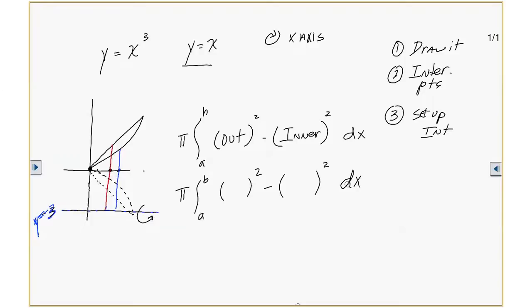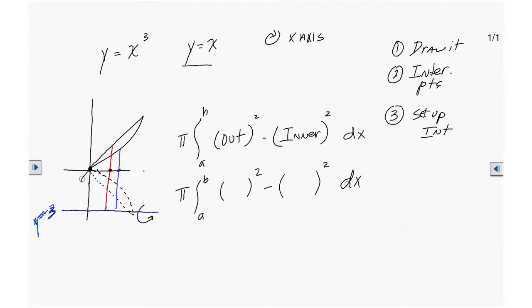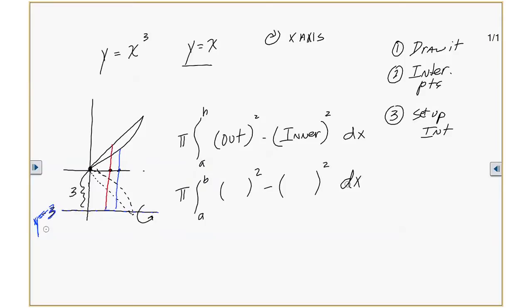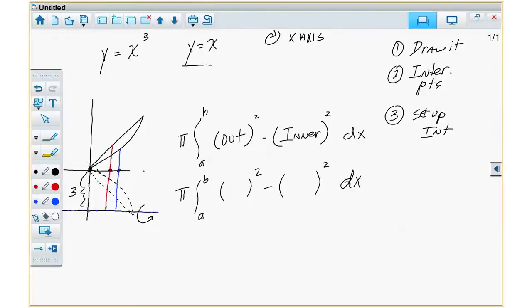Now, the biggest thing you got to realize is what you are doing. Basically this is 3 units, right? Does everybody agree with that? It's 3 units. So the outer radius is going to be the same radius you had plus what?